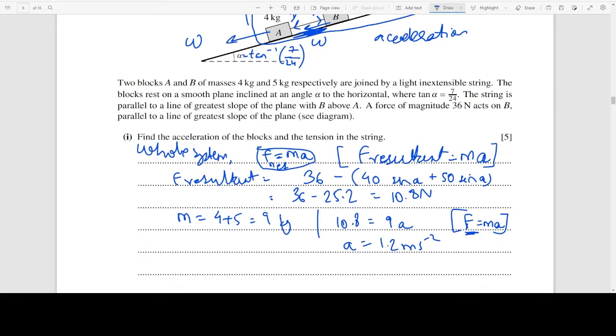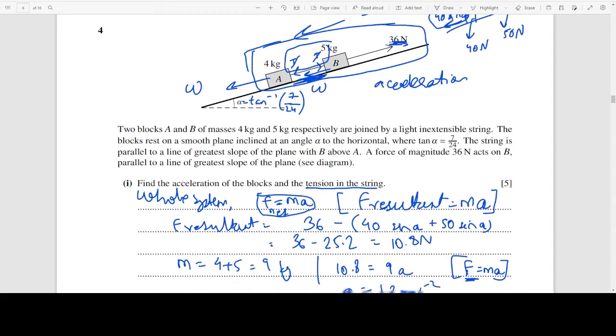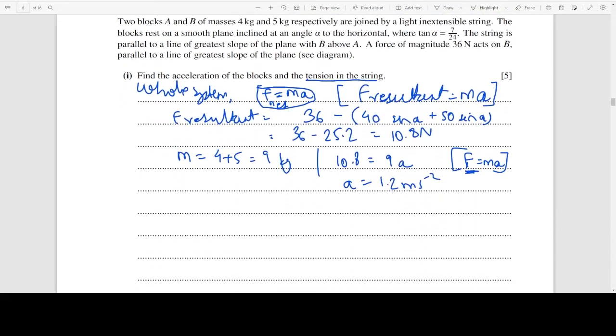Now coming back to the tension in the string part, we just have to find this value of T. So we can just take any one block. Let's say I'm taking the 4 kg one.